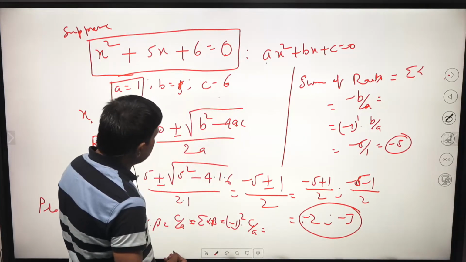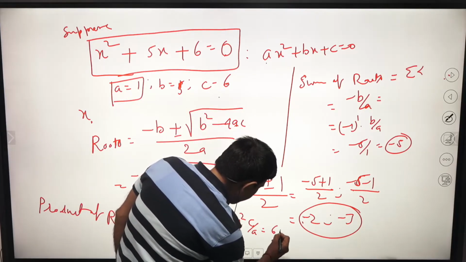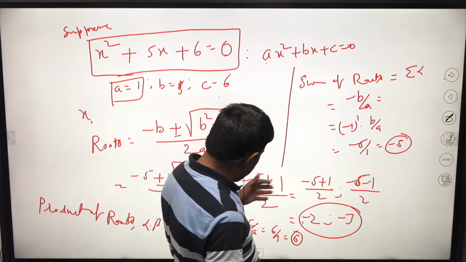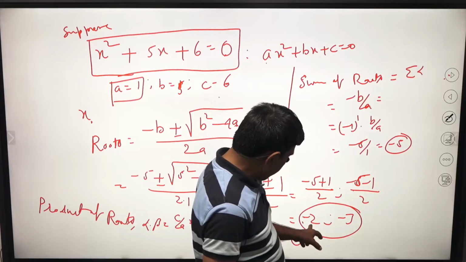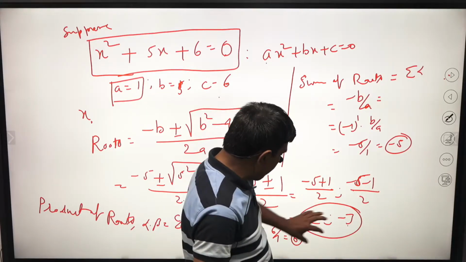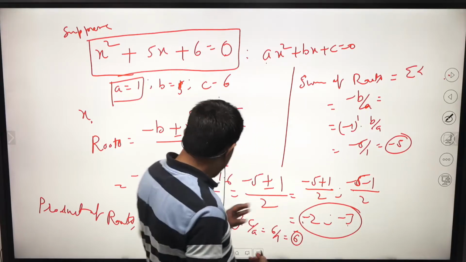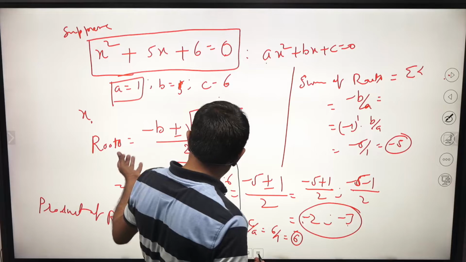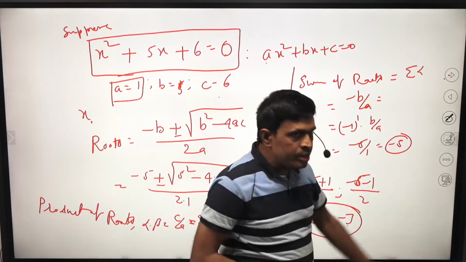Here c is 6 and a is 1, so 6 by 1, that is 6. We already found that the roots are minus 2 and minus 3, so the product of these two values gives the same result. Either you adopt the formula method, or find the roots and go through the conventional method.